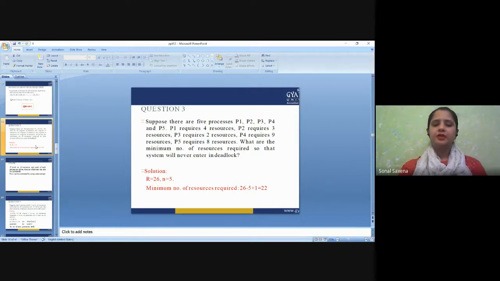Now question number 3 appears here, where it is said that suppose there are 5 processes, P1, P2, P3, P4 and P5. Now P1 requires 4 resources, P2 requires 3, P3 requires 2, P4 requires 9 resources, and P5 requires 8. What are the minimum number of resources required so that the system will never enter a deadlock? So how can we do that? We can simply put in the formula.